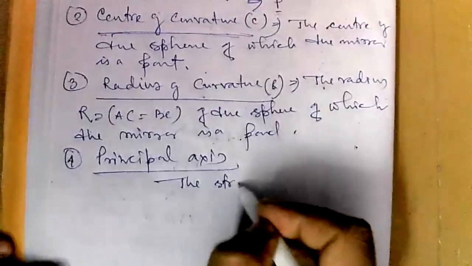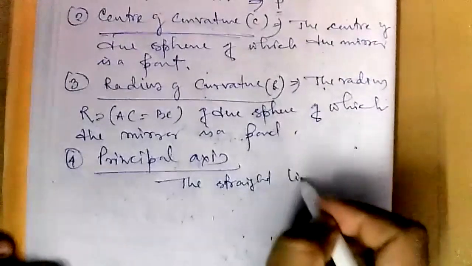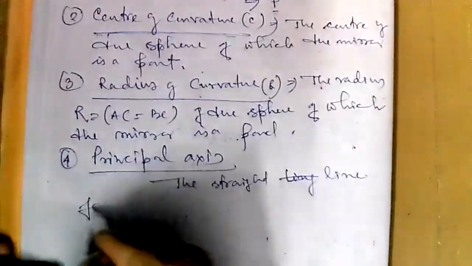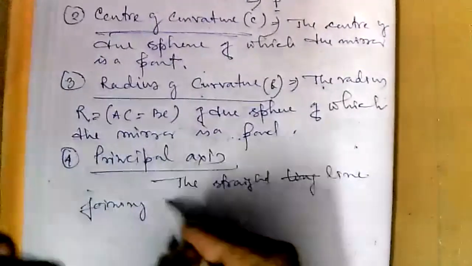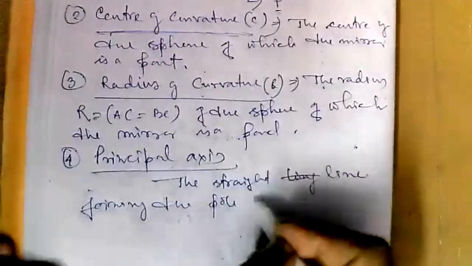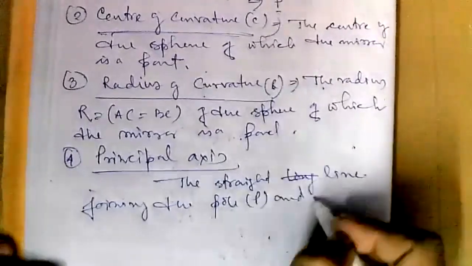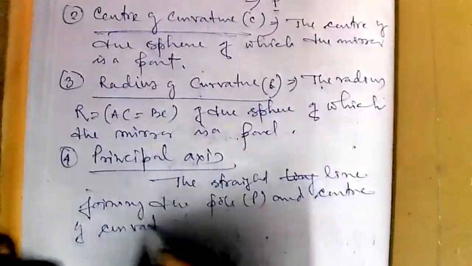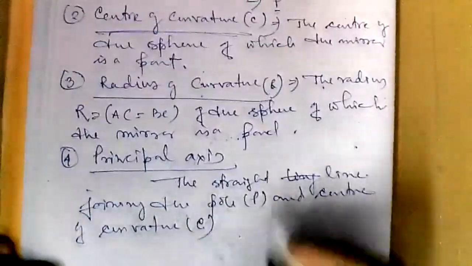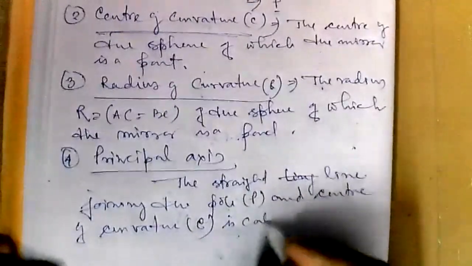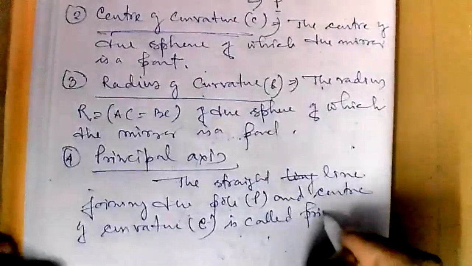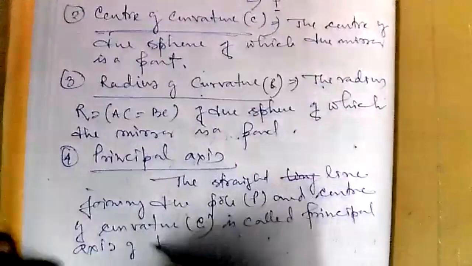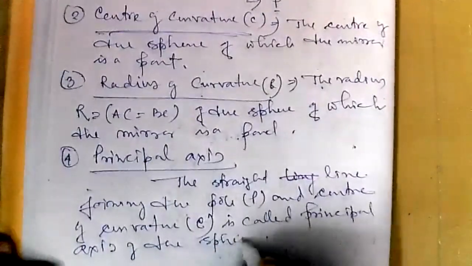The straight line joining the pole P and center of curvature C is called the principal axis of the spherical mirror.